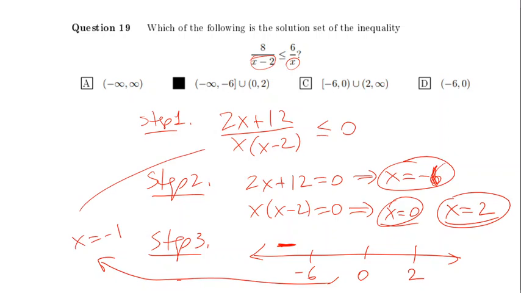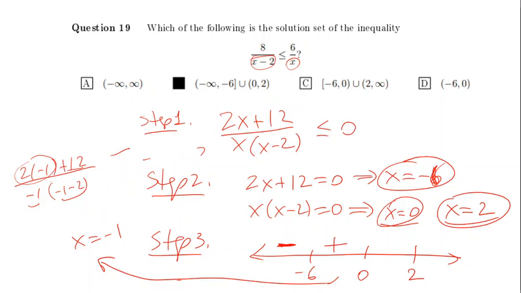So put it here again, and it will give you 2 times minus 1 plus 12, over minus 1 times minus 1 minus 2. Here it will be a minus number, this is minus, so it will be plus. And here minus 2 plus 12 is 10, so it will be plus. So plus divided by plus will be plus. So we write here this one, plus. And we do the same thing for the other intervals.